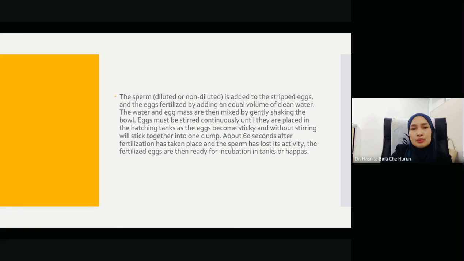Usually they will put the container on a shaker, and eggs must be stirred continuously until they are placed in the hatching tanks, as the eggs become sticky and without stirring will stick together and clump. About 60 seconds after fertilization has taken place, the sperm has lost its activity. The fertilized eggs are then ready for incubation in tanks or hapas.